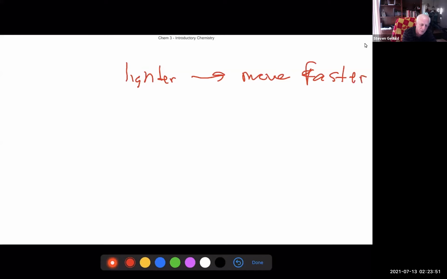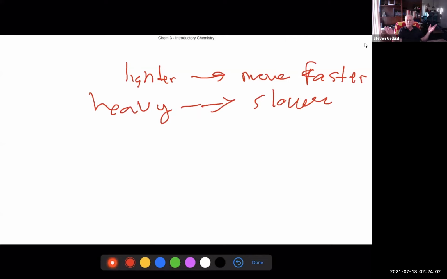They're going to diffuse, or move across a certain area, faster. Heavier gas particles are going to move slower because it's going to take more energy to push them across. That's it. That's effusion and diffusion. A lighter particle is going to move faster; a heavier particle is going to move slower. It takes more energy to push it.